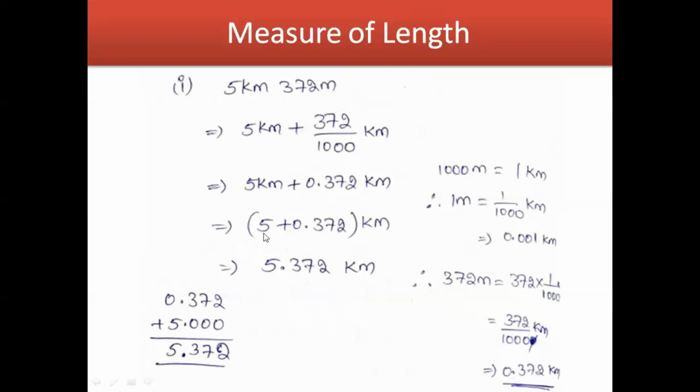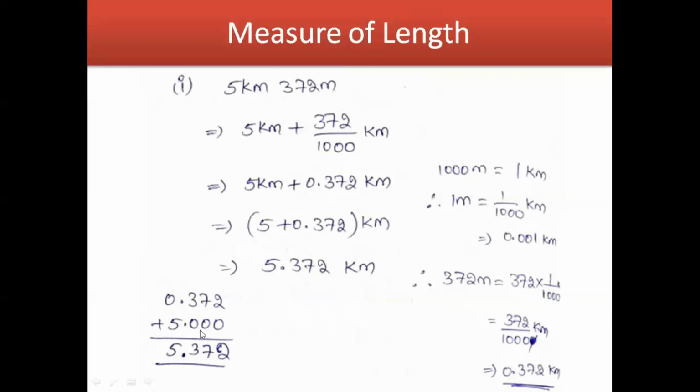Now see, kilometer common. We have to add 5 plus 0.372 kilometer. Now we have to add. See 0.372 plus 5.